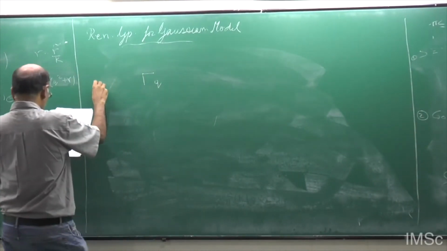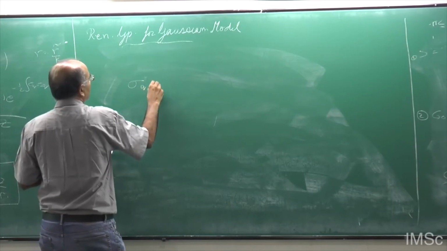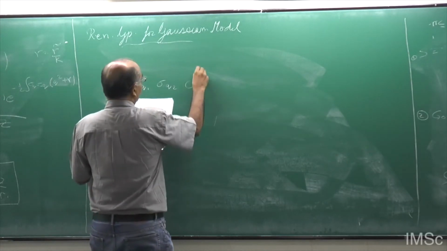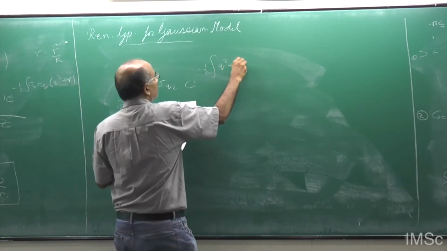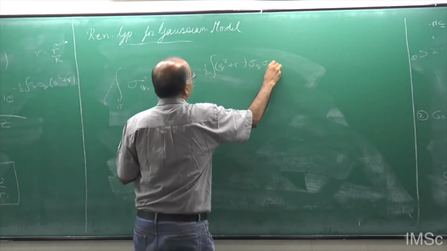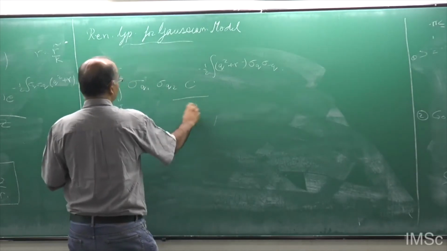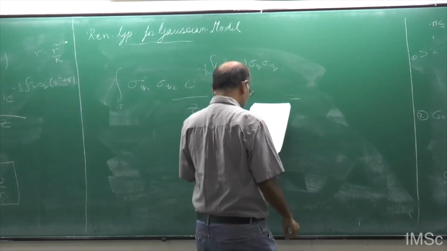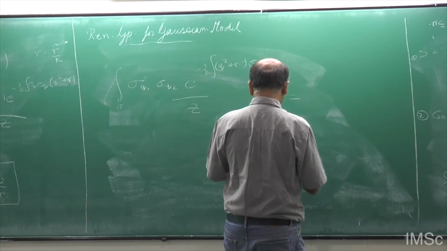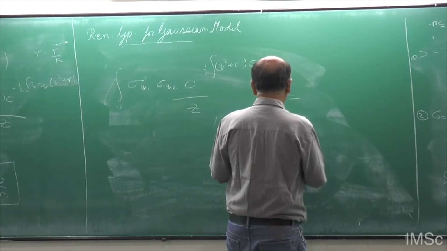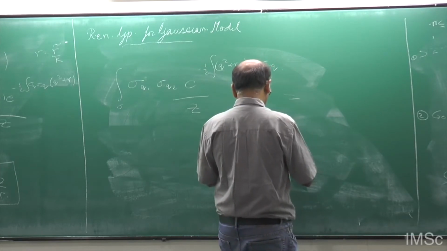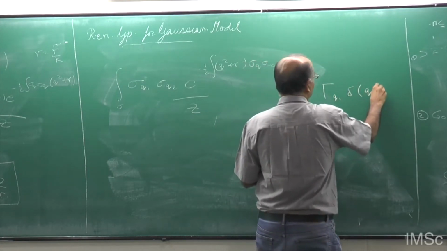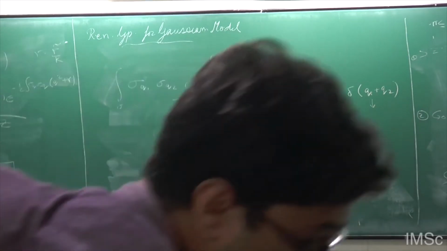So let's say sigma q1, sigma q2, integral over sigma e to the power of minus half q squared plus r, sigma q sigma minus q, divided by Z. This I will define as gamma of q1 delta of q1 plus q2, where this is the d-dimensional delta function.